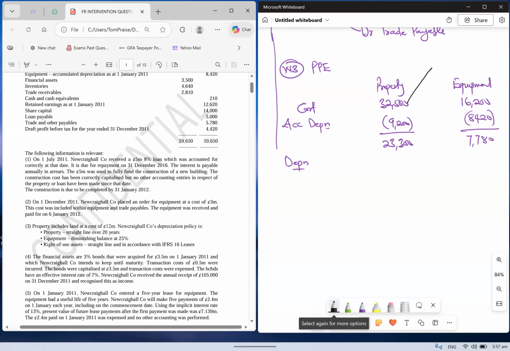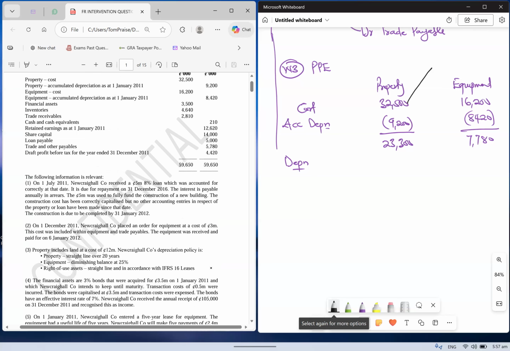That's the point. So you need to take out the 5 million, then divide these figures.